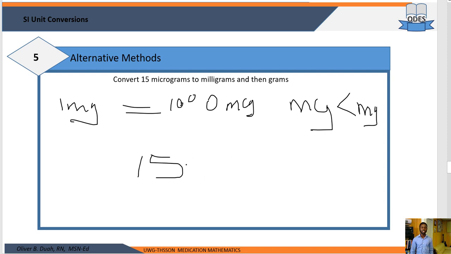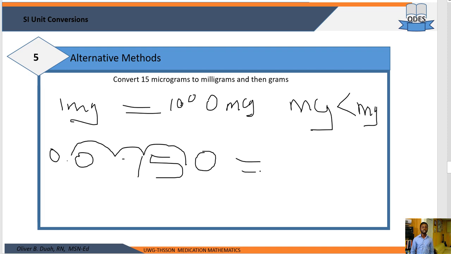So remember that 15 is also the same as 15.0, and so we are going to move this 1, 2, and 3. Okay, and what we would do is to add zeros, and our point will be here.